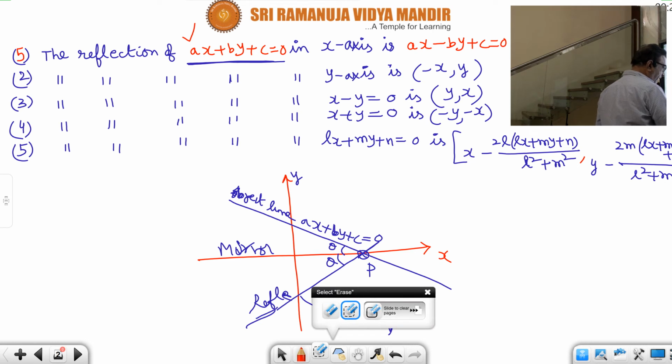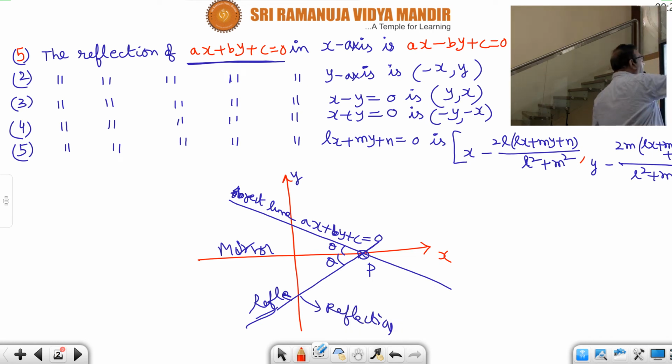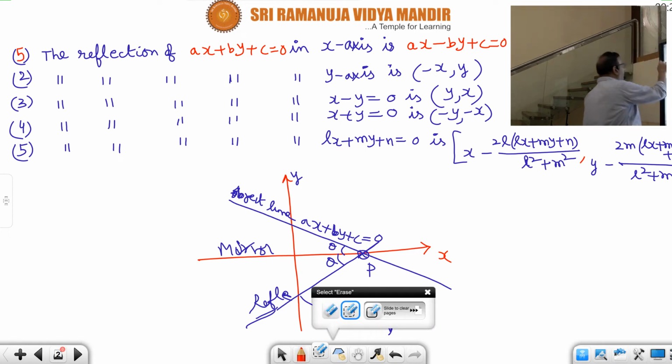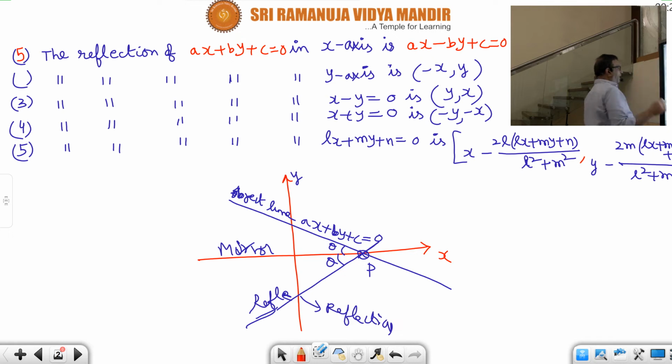What is the next formula? Somebody please read. I have to remove this and put the sixth formula. Please read the complete formula.